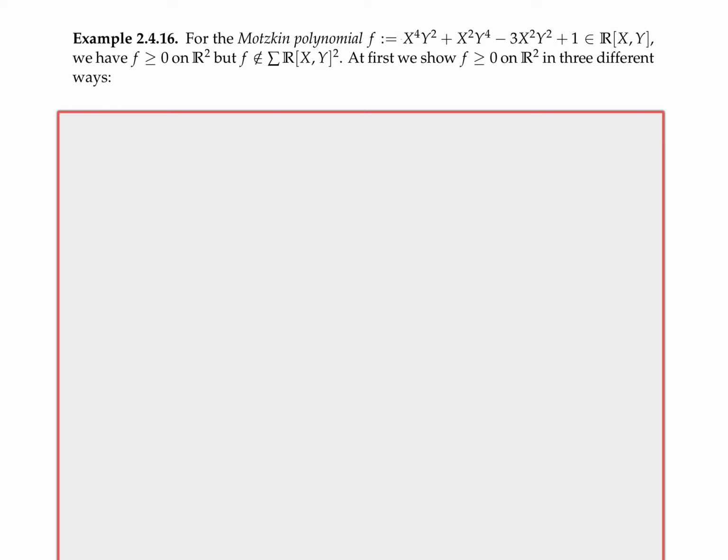In 1967, Motzkin found this example. It got somehow famous, and many people say it was the first explicit example found that is non-negative but not a sum of squares of polynomials. But I don't think that's true.